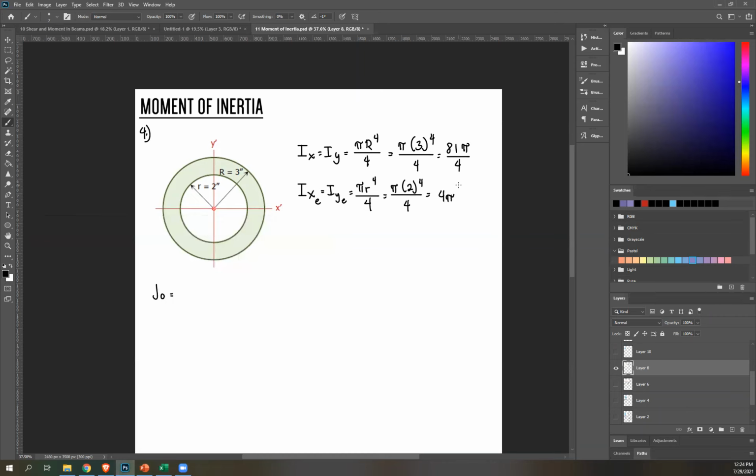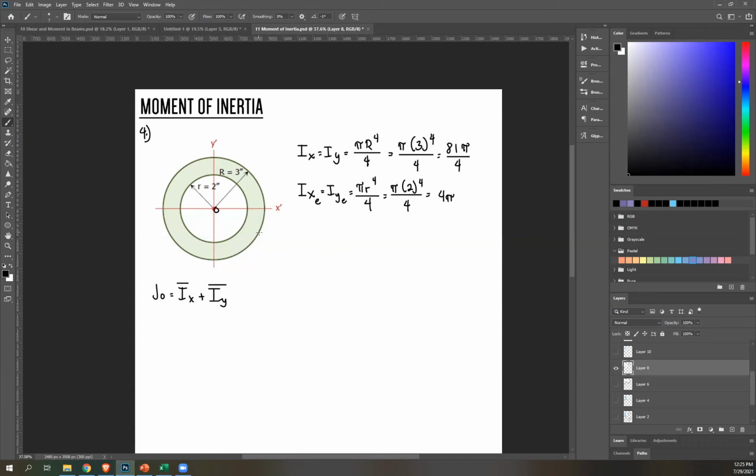Okay. Now to solve, we can organize our answers in two ways. So that is taking the polar moment of inertia for the x-axis first. So again, that's Ix plus Iy.